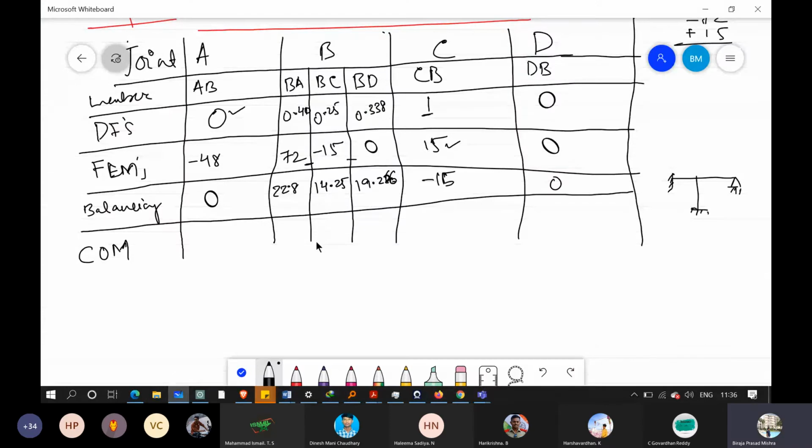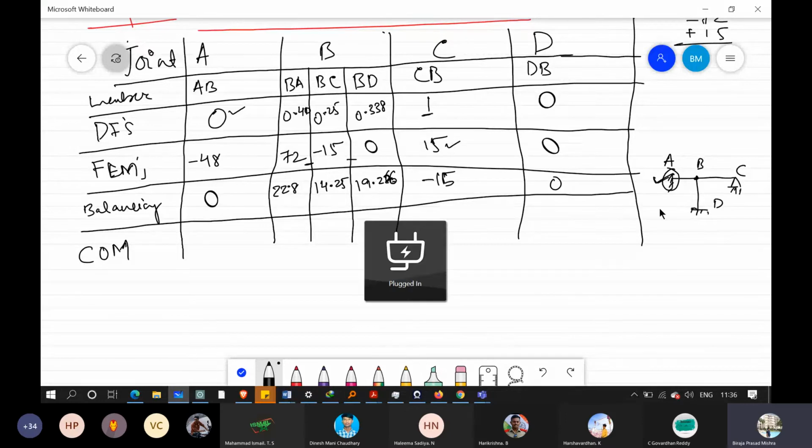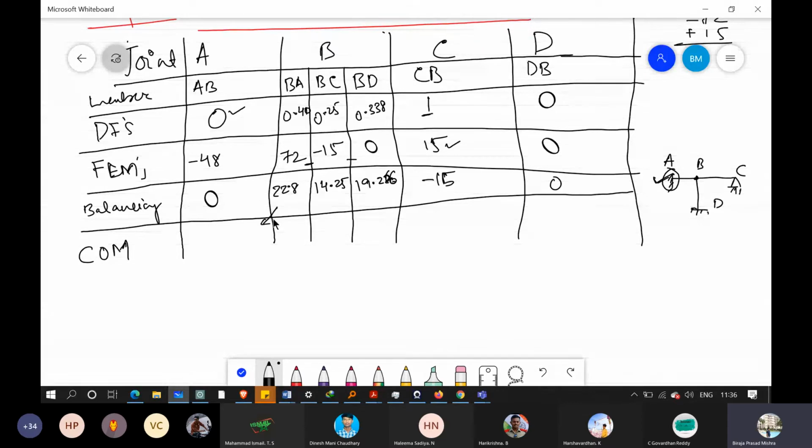Okay, next one is carryover moment. If you see, this is A, this is B, this is D. So AB, any moment? No, it is not there. So BA, some moment is there, so this BA will transfer to AB because this end A is fixed.